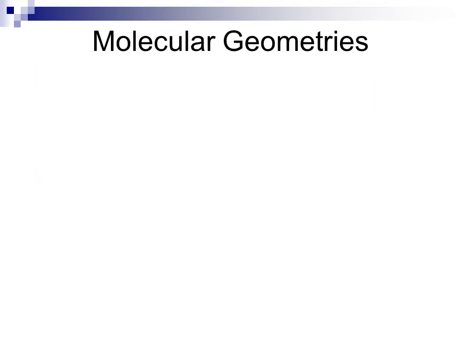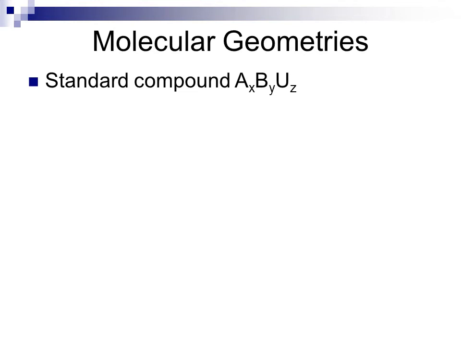So looking at molecular geometries, they are based upon electronic geometries, but we have to name them differently if not all of the electron regions are bonding regions. So looking at a standard compound with atoms A and B, and then U representing unshared pairs.